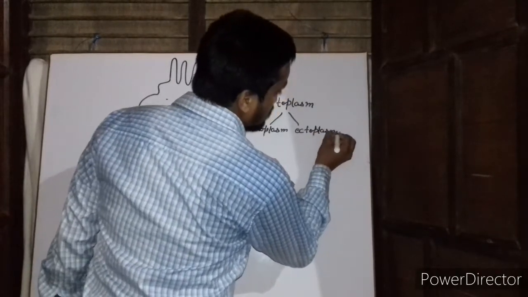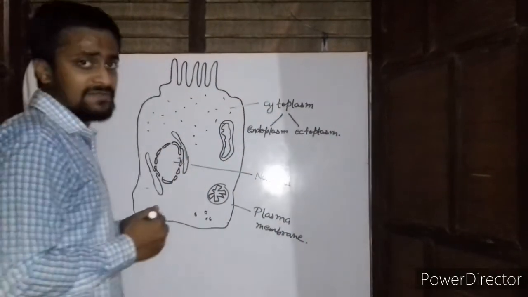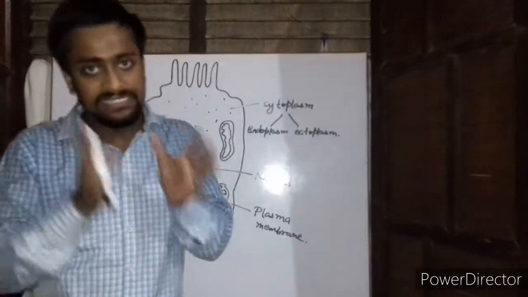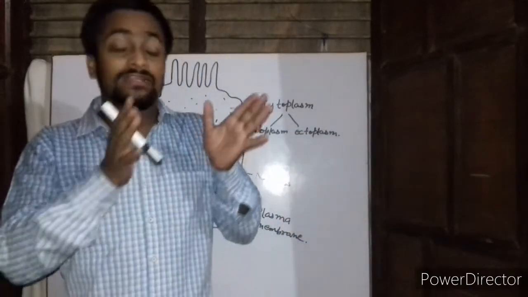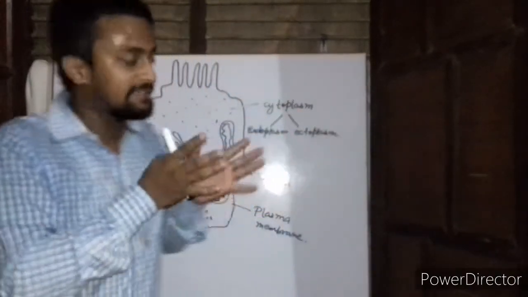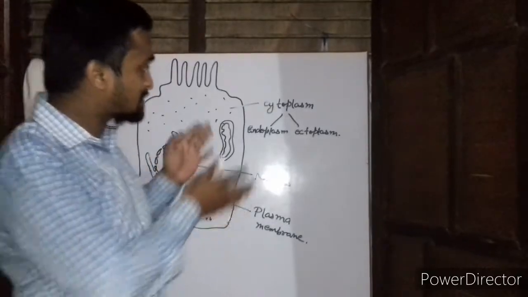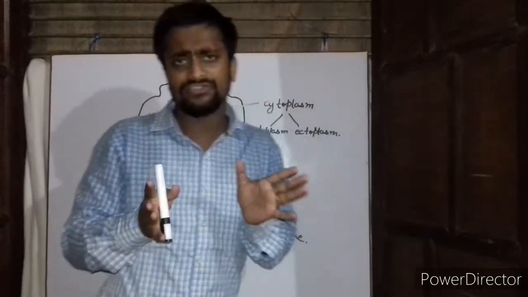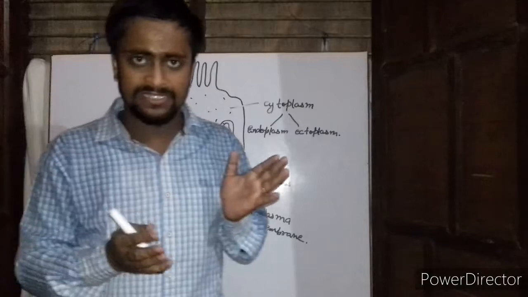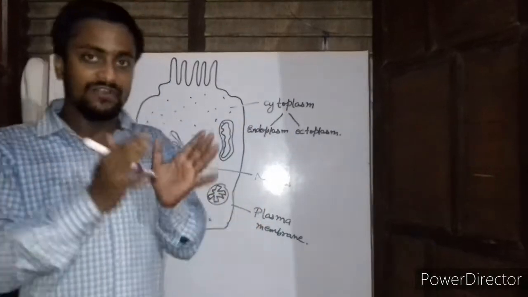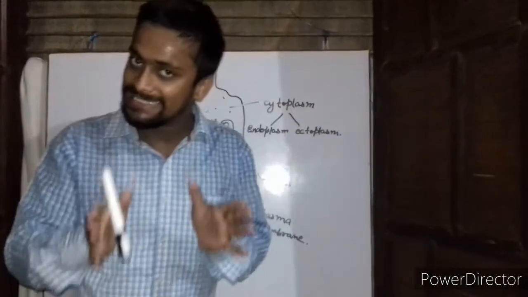The cytoplasm consists of a ground substance called the cytosol, which consists of amino acids and various other cell organelles. The cytoplasm also consists of various fibrous proteins, and these fibrous proteins form the cytoskeleton.